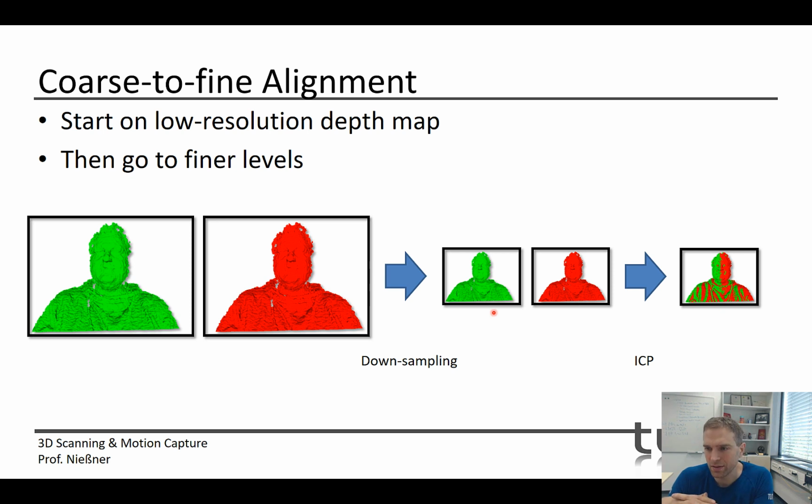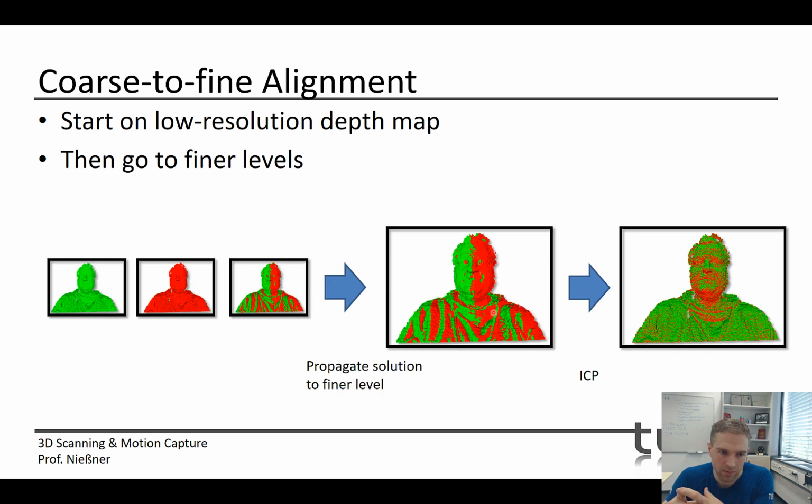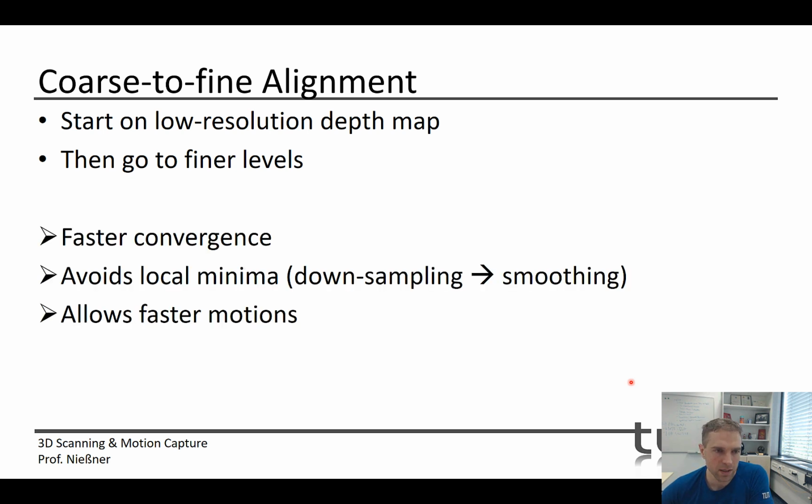And this coarse-to-fine thing is a thing people do. Sometimes they call it pyramid optimization too. The idea is essentially that while we're optimizing at a lower resolution first, we propagate the solutions to a finer level, and then we run another ICP on the finer level. We start on a low resolution depth map, then go to finer levels.